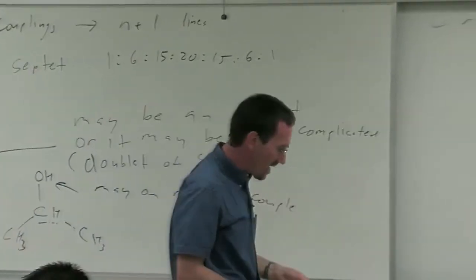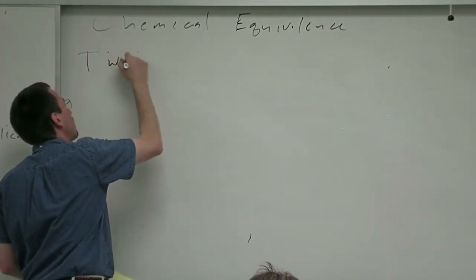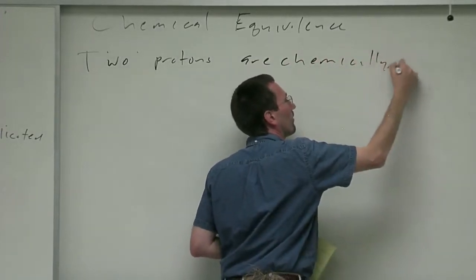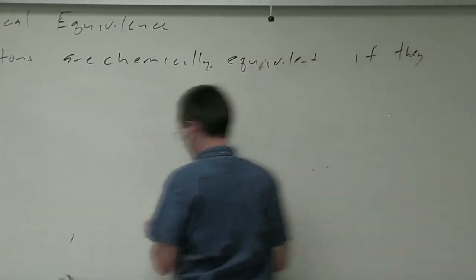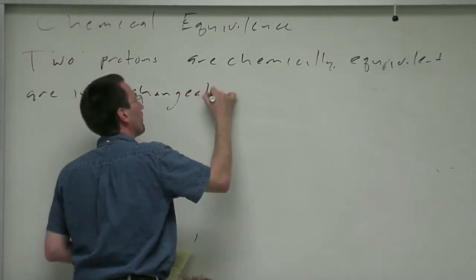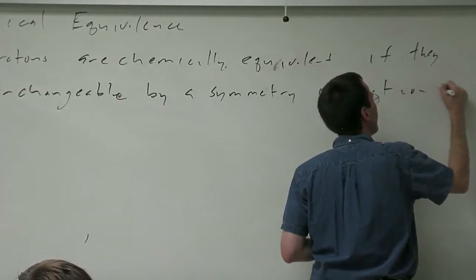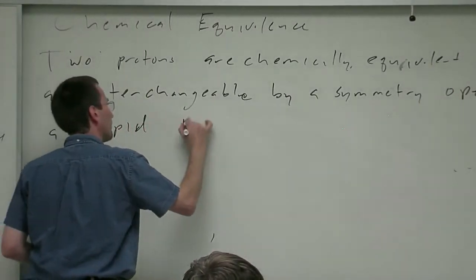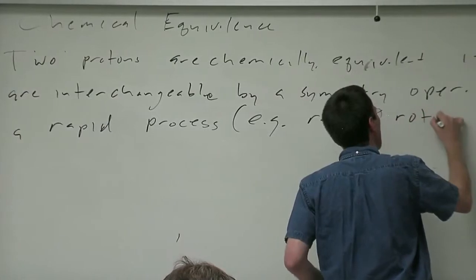Two protons are chemically equivalent if they can be exchanged by a symmetry operation or a rapid process. For example, rapid rotation about a bond.